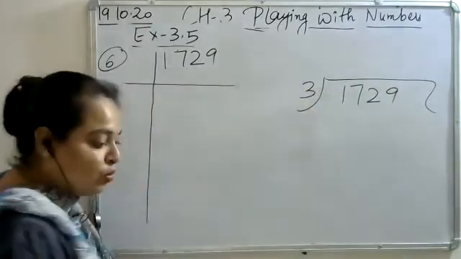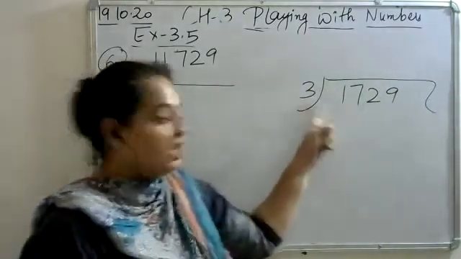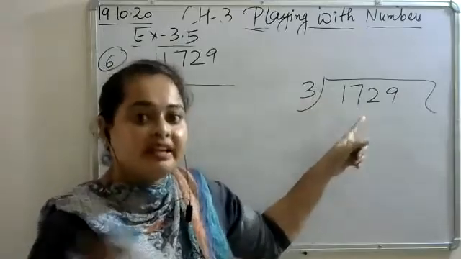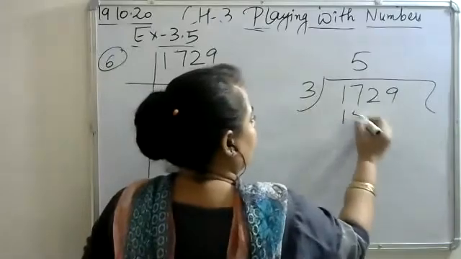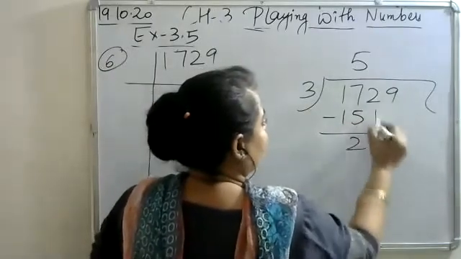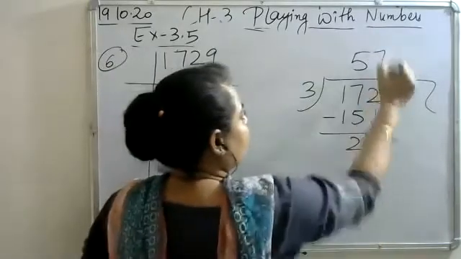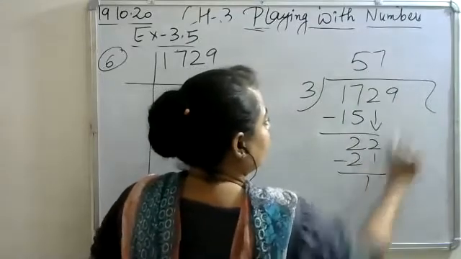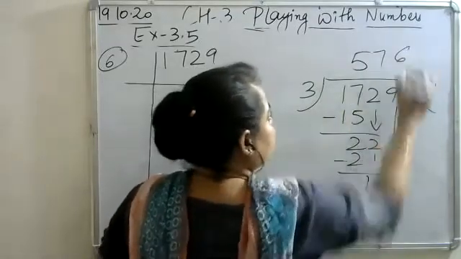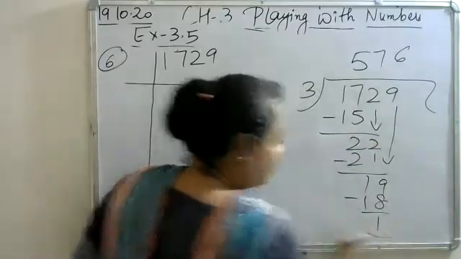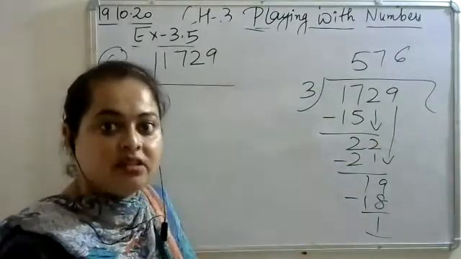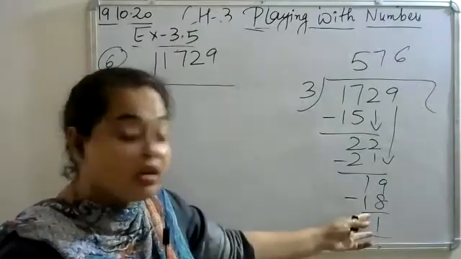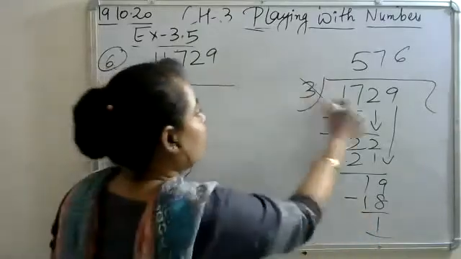So many of you are writing here 3. Now divide this by 3 and tell me if the remainder is 0. 3 5s are 15. 22. 3 7s are 21. 19. 6 are 18. Remainder is 1. No, this number is not divisible by 3 because the remainder is not 0. Remainder is 1 here. So this is incorrect.